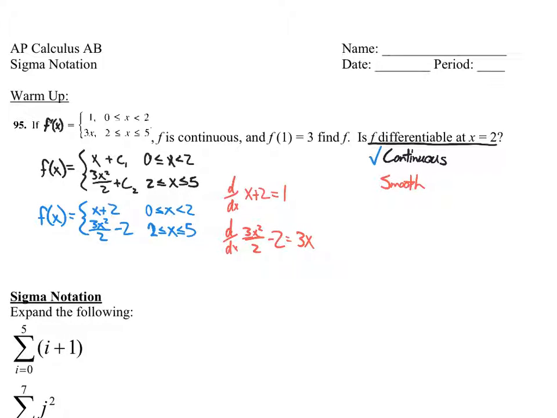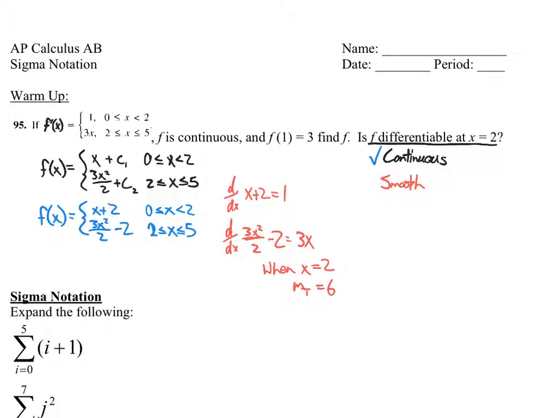Okay? So when x equals 2, that one has a slope of 6. I took the derivative of 3x squared over 2 minus 2.